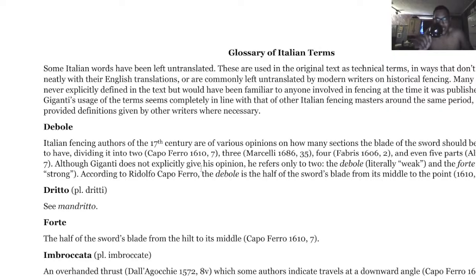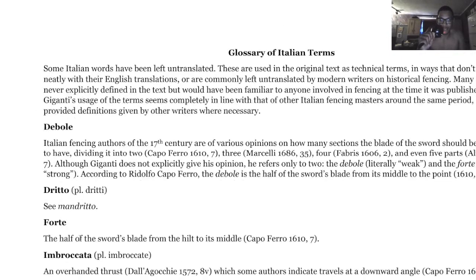Some divide it into 3 parts, Capoferro 1610, Marcelli, 4, Fabris, and even 5 parts, Alfieri. Although Giganti does not explicitly give his opinion, he refers only to 2, the debole, literally weak, and the forte, literally strong. So that's like, when you look at the balance of the blade from the handle to the tip, the side that is closer to your hand that has more of the weight is the strong, and then towards the edge and the tip, that's the weak side.